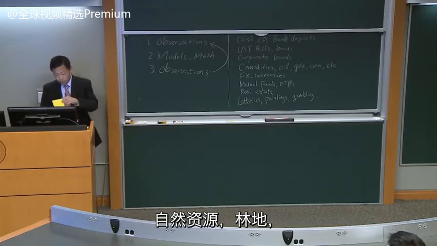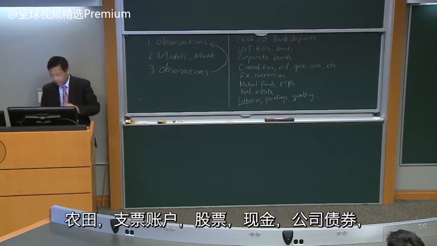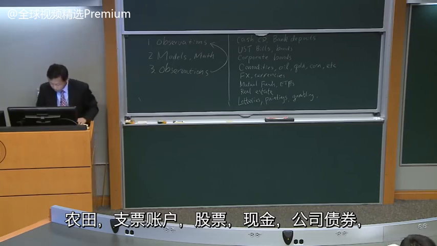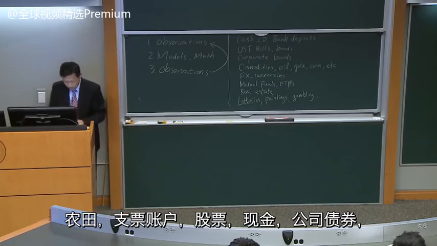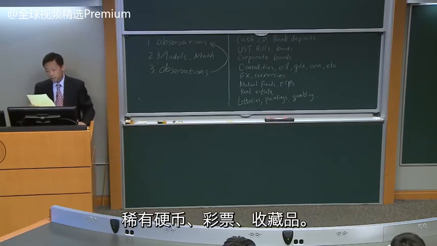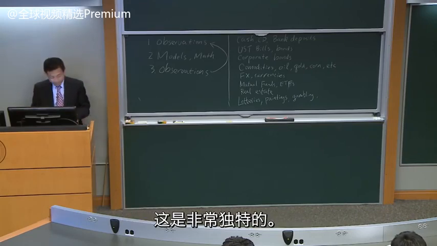So natural resources, timberland, farmland, checking account, stocks, cash, corporate bonds, rare coins, lotteries, collectibles. That's very unique.